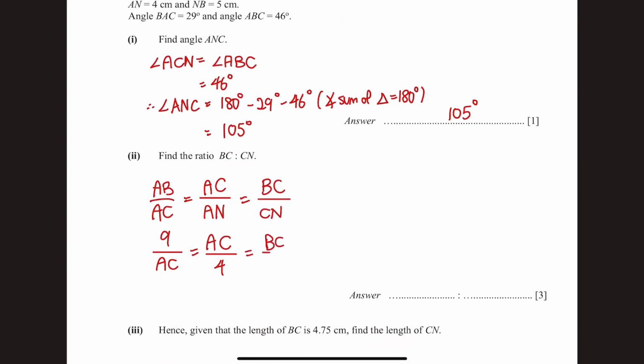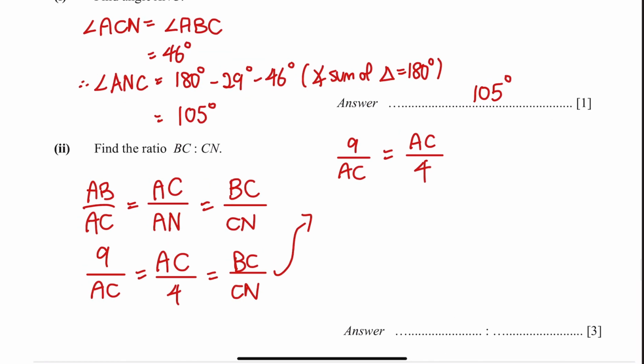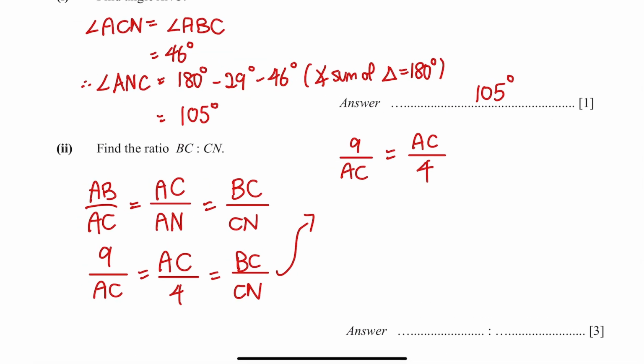Based on these equations, I can only use this equation here to solve for AC. So 9 over AC is equal to AC over 4. With a fraction on both sides of the equation, I can cross multiply. This means that AC squared is equal to 9 times 4, which is 36.